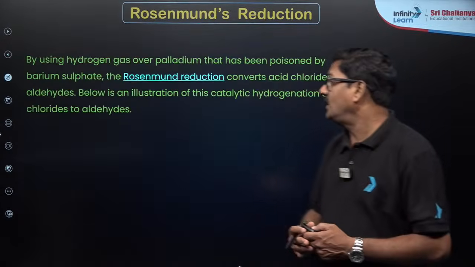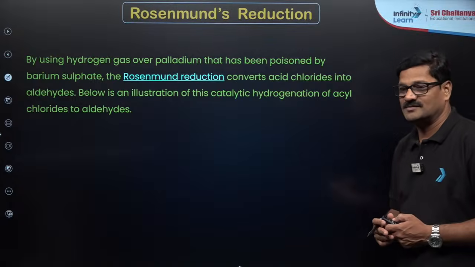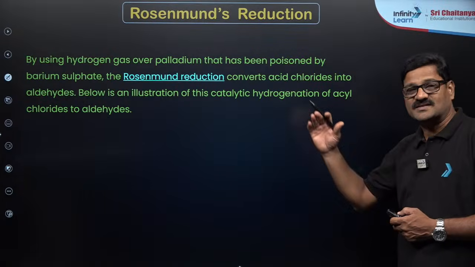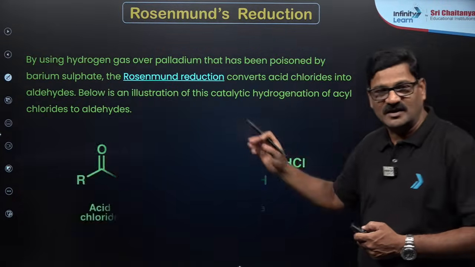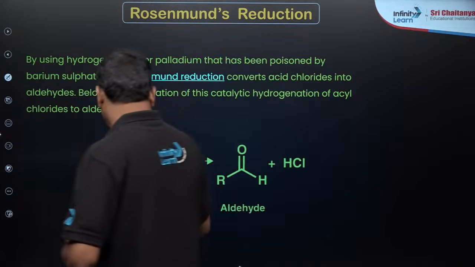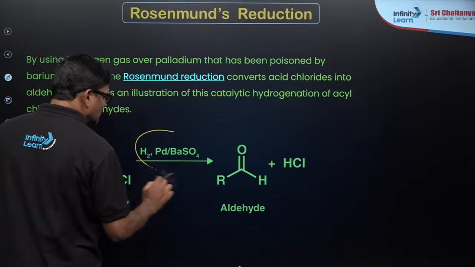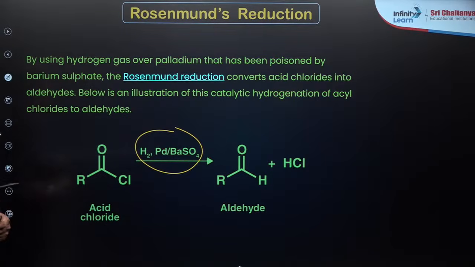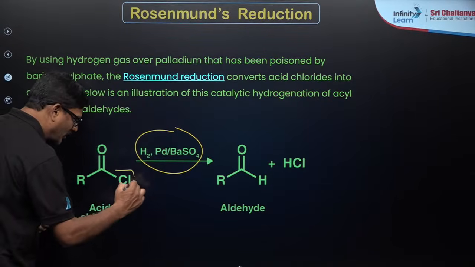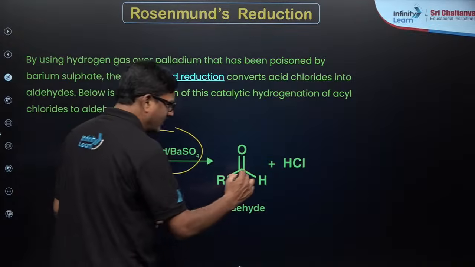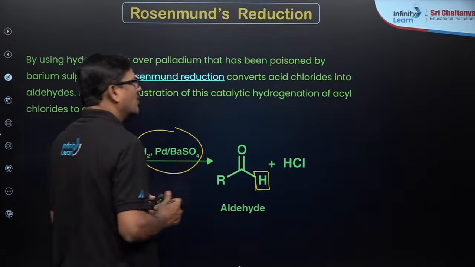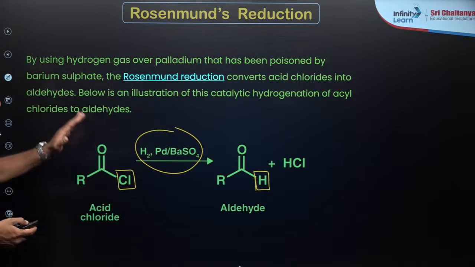Okay, and Rosenmund reduction. Acid chlorides, when treated with Lindlar's catalyst or Rosenmund catalyst, the chlorine is removed and hydrogen is replaced. This is what is called a Rosenmund reduction.